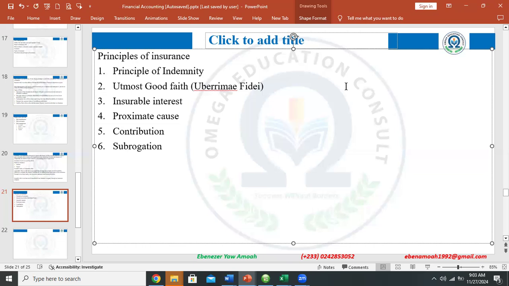It is not your right as the insured because you have been fully compensated. So that is the subrogation. The insurance company assumes the rights and interests of the insured to pursue a claim or recovery, especially from third parties who may have caused the loss or the injury.